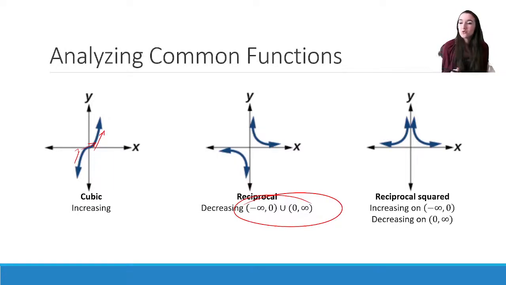So we know we're not allowed to divide by 0. So we have to cut 0 out of our domain. So this function, the reciprocal function, 1 over x, this is 1 over x if you don't remember, is decreasing the whole time, but it's not decreasing at 0 because there is no x equals 0 in this function.